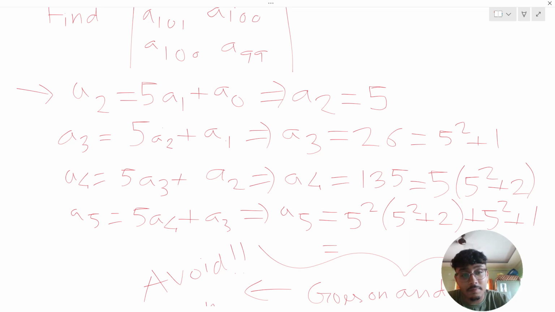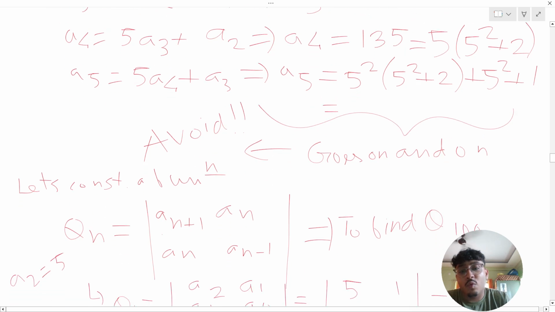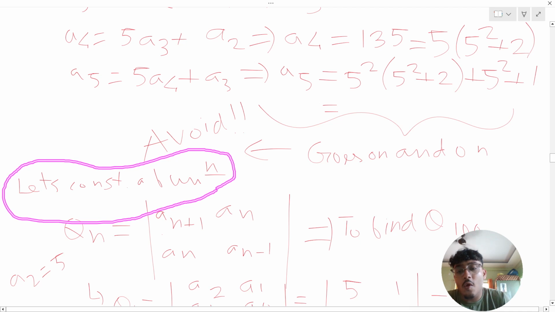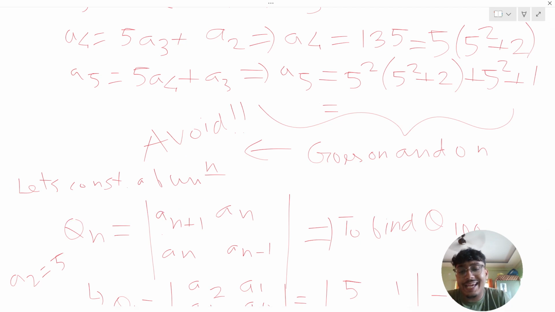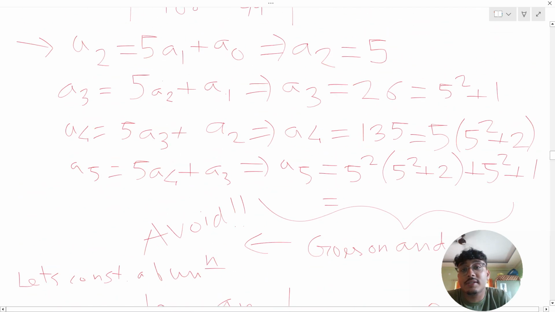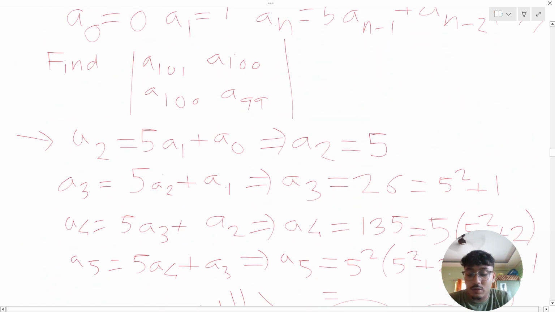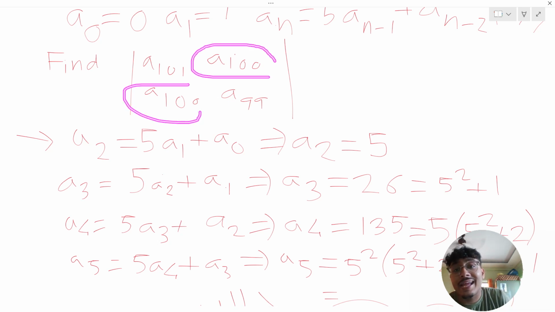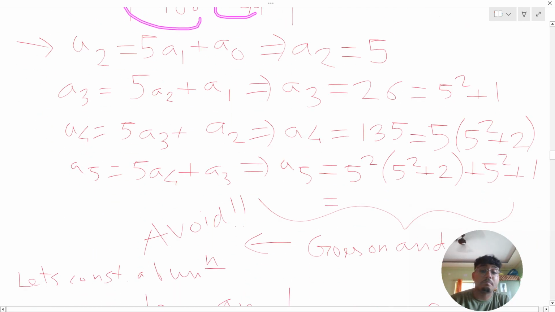To avoid that, what have I done? I have considered a function theta n, which is A(n+1), An and An and A(n-1). Since my original function is in this form, if I put n to be 100, I get A100, A100, A(n+1) is A101 and A(n-1) is A99.